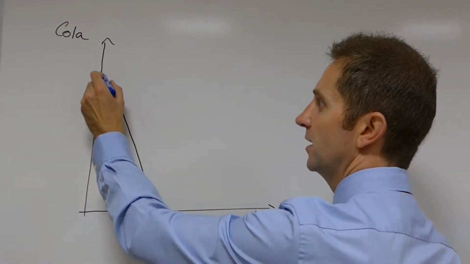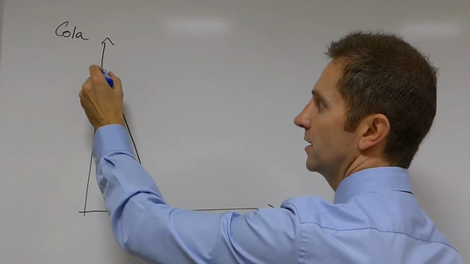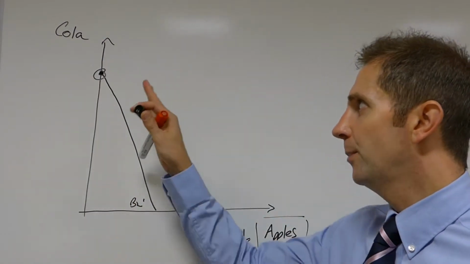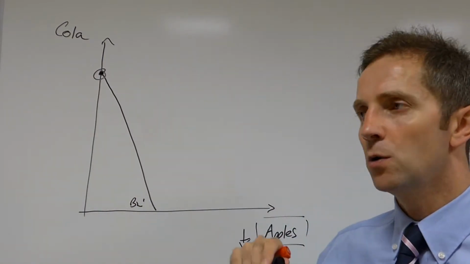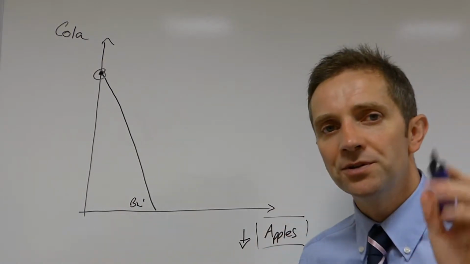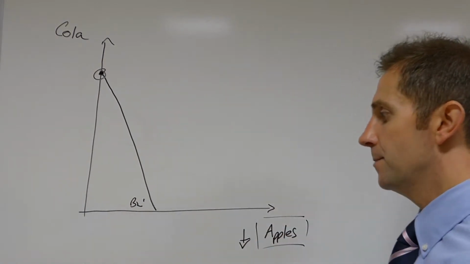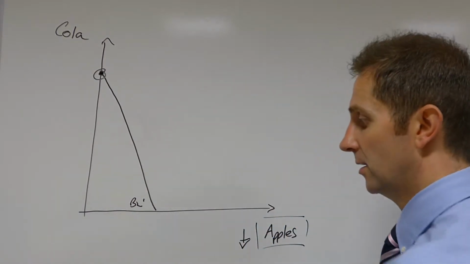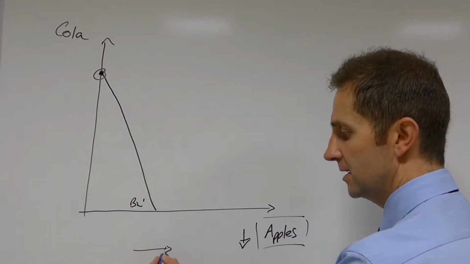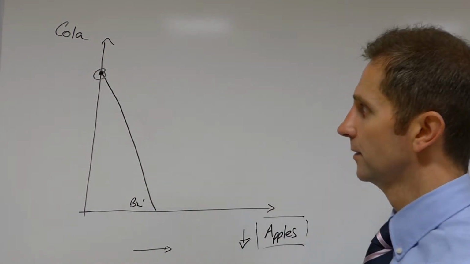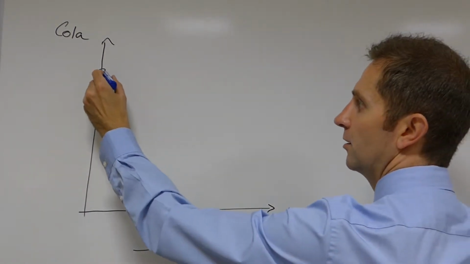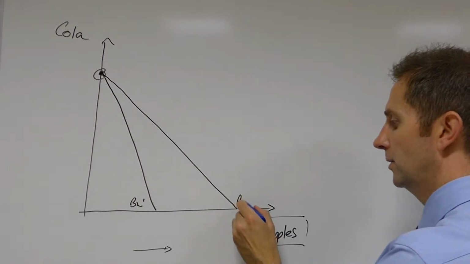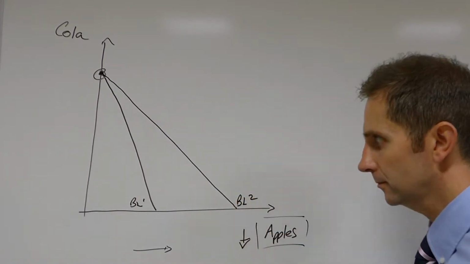And it will be pivoting around this point here on the y-axis, because of course it's the price of apples which are changing and not the price of cola. The price of apples are falling. That means that we, with a given level of income, can consume more apples. So we will be moving in this direction, left to right, and so our new budget line, our second budget line, will be here, budget line 2.